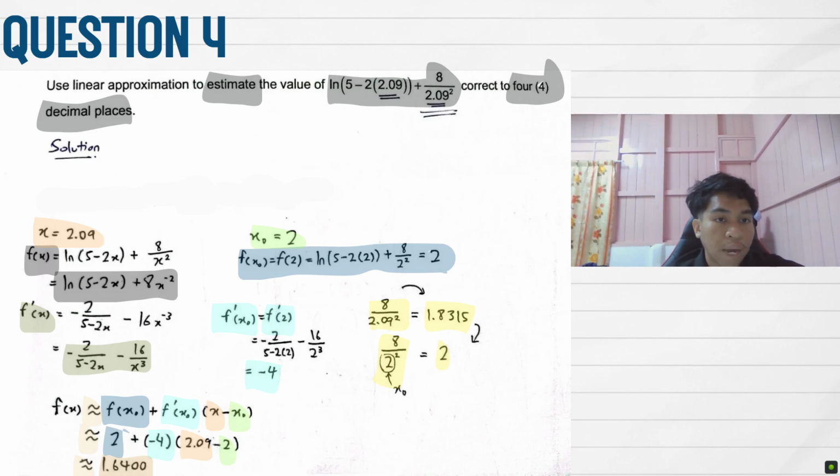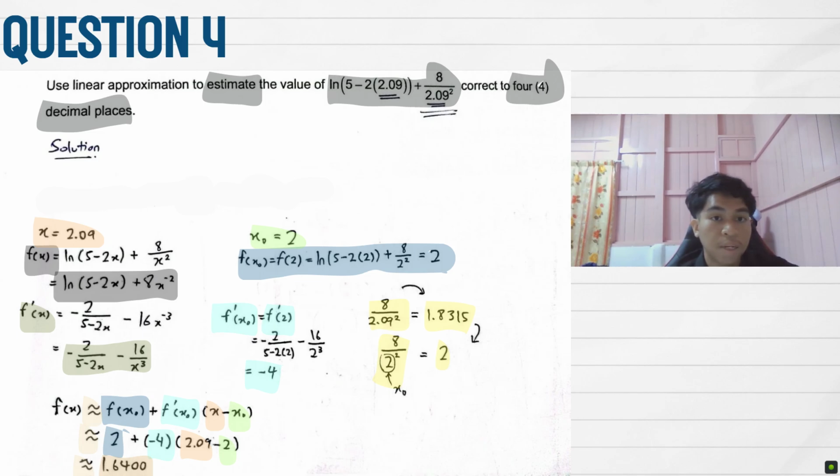Based on the yellow highlight color, I just do one term, which is 8 over 2.09 squared because it's an addition operation. So I solve it and got 1.8315 and it's around integer 2. And we can double check it with 8 over 2 squared so that we confirm that the approximation x is 2 based on the green highlight color.